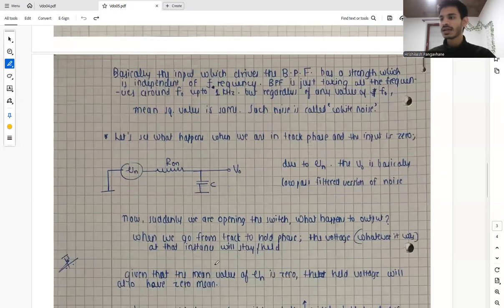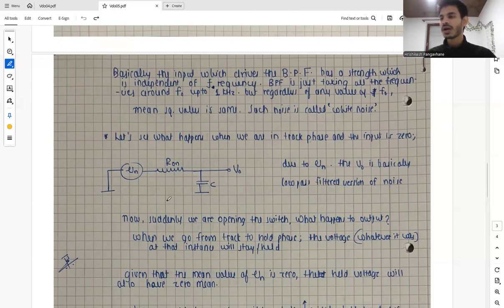Now suddenly, when we are opening the switch, something is getting sampled on C. So C has been charged, and when we suddenly open, what happens to the output?